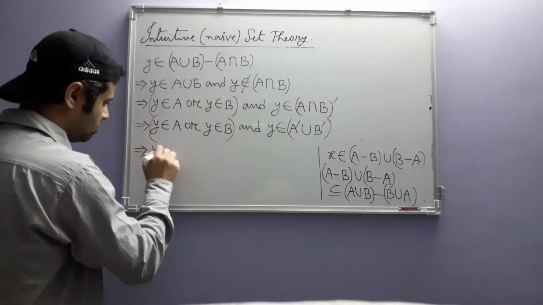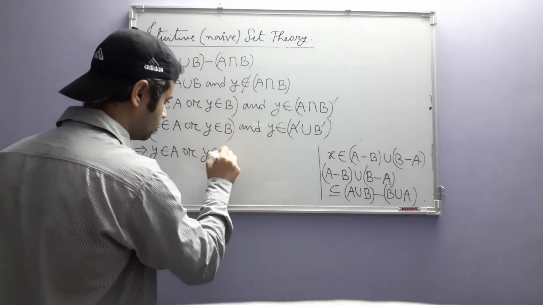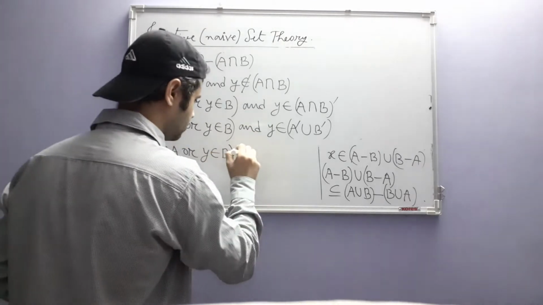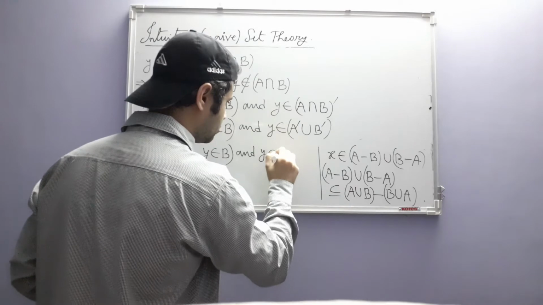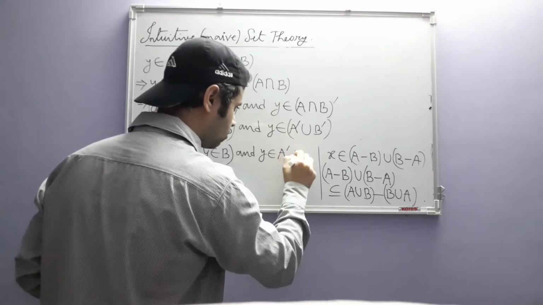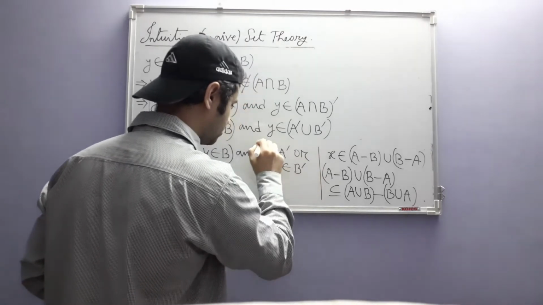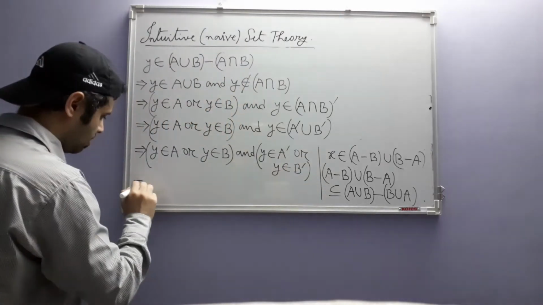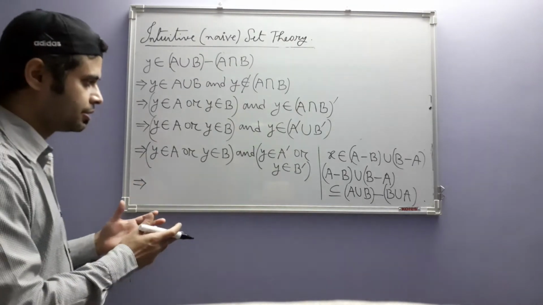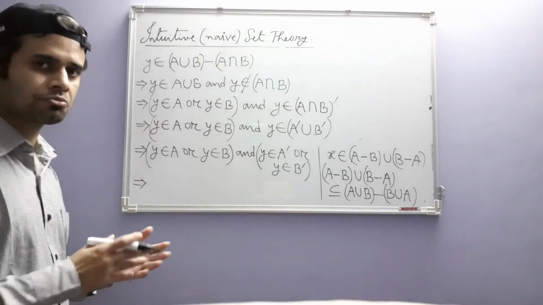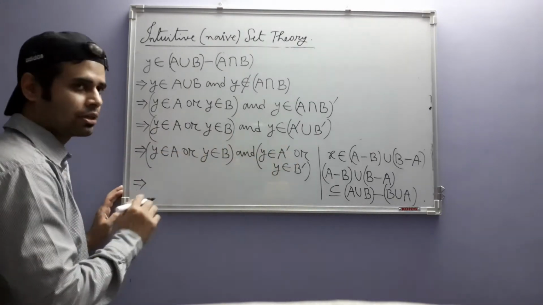Okay. Now this stays the same. Y belongs to B. And Y belongs to A complement or Y belongs to B complement. Now here, just like how we applied the distributive law twice or 4 times, I don't know how many times, here also we have to do that once more.